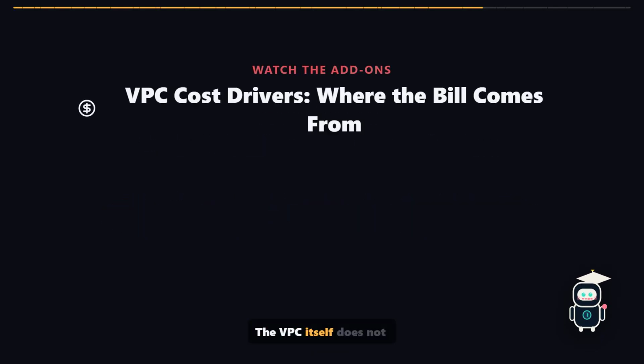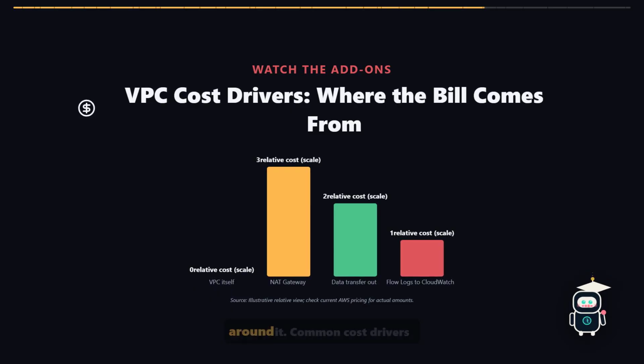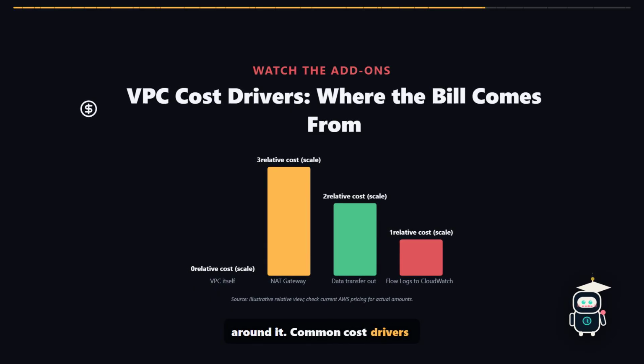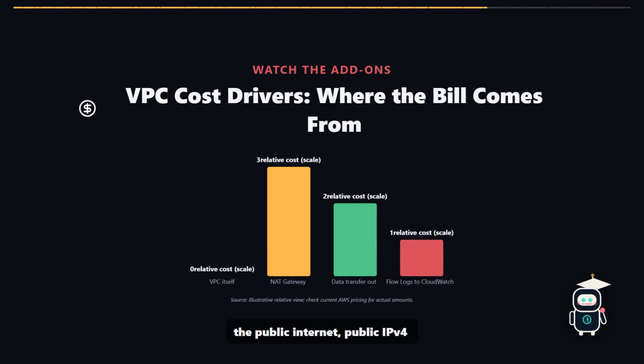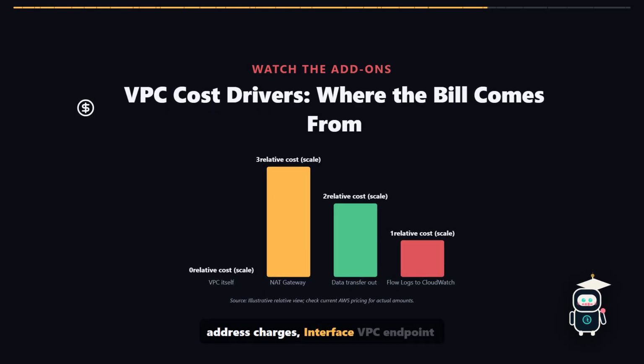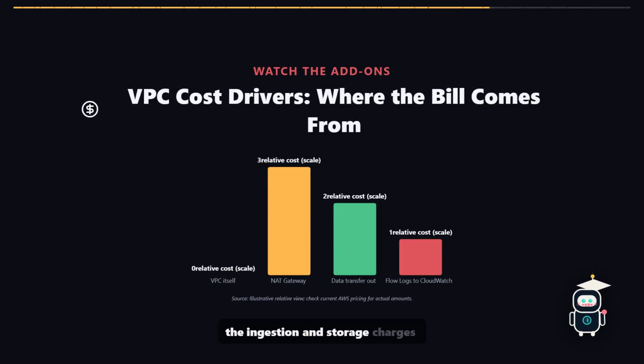The VPC itself does not have a basic hourly charge. The costs usually come from the network services and traffic around it. Common cost drivers include NAT gateway hourly and data processing charges, data transfer to the public internet, public IPv4 address charges, interface VPC endpoint hourly and data processing charges, transit gateway or VPN costs, and the ingestion and storage charges for VPC flow logs.